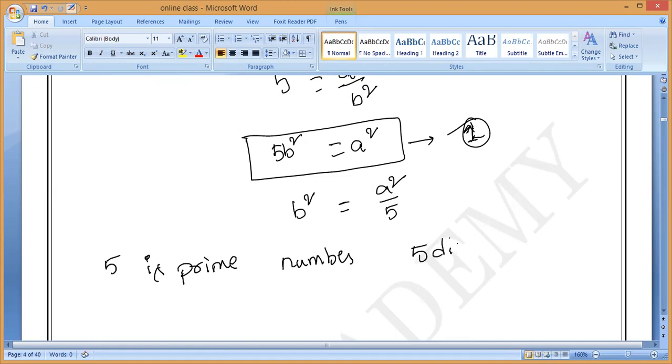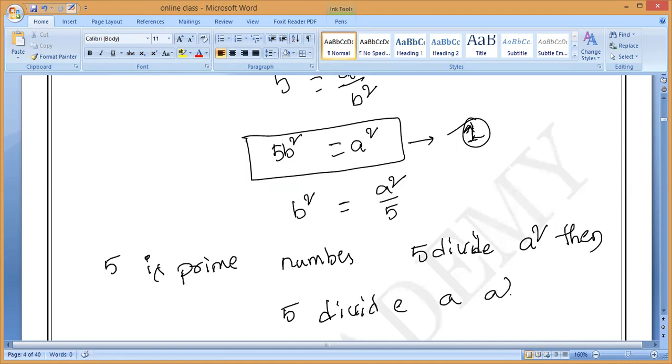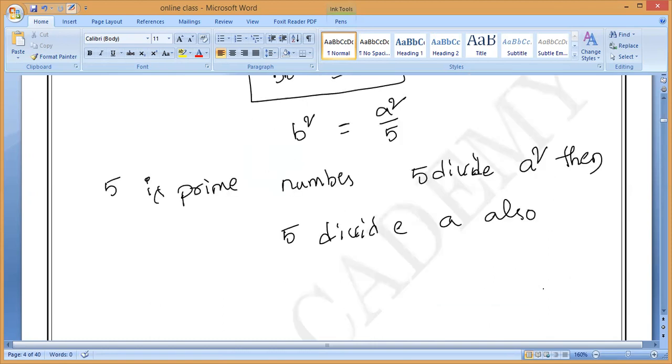5 is a prime number. If 5 divides A square, then 5 divides A also, where A is any positive integer. This is theorem 1.3.